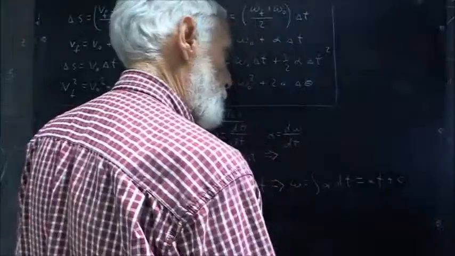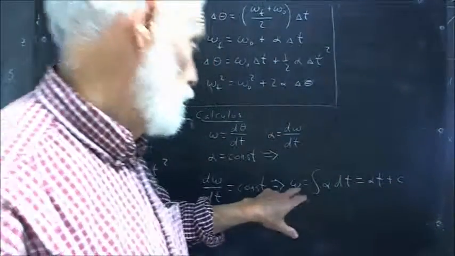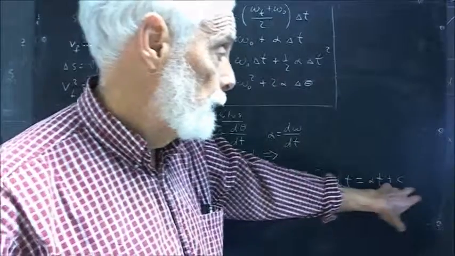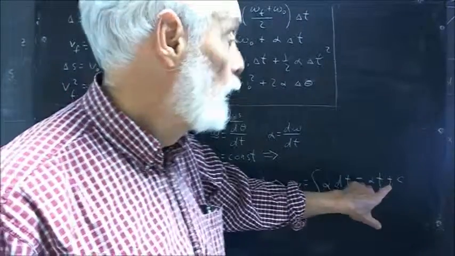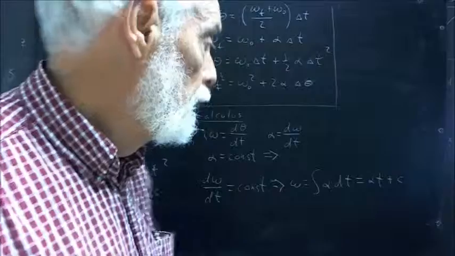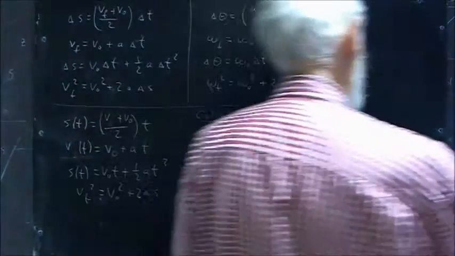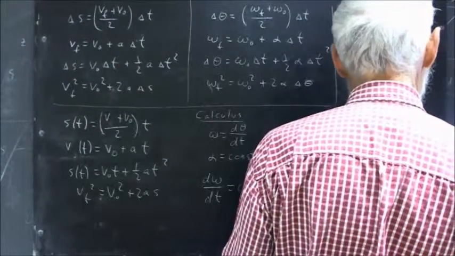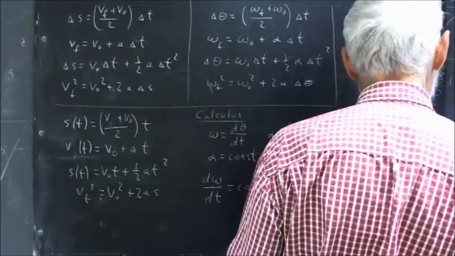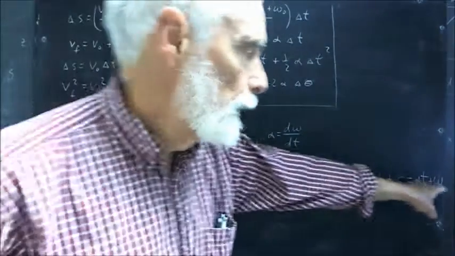And this constant can be identified by the fact that, well, if omega of t equals alpha t plus c, then omega of 0 equals c, because alpha t would be 0. So without losing any generality, we can write this as alpha t plus omega naught.